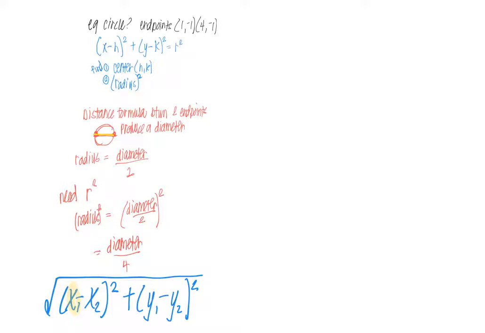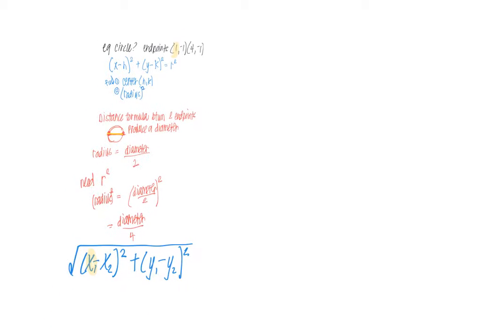So x1 goes here, and this is x1. And x2 goes here, and this is x2. y1 goes here, and this is y1. y2 goes here, and this is y2.